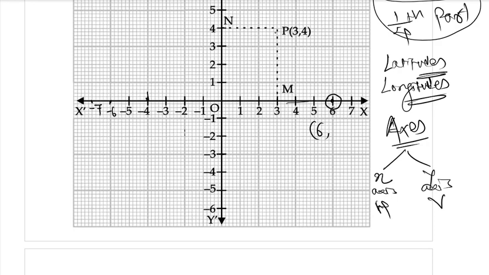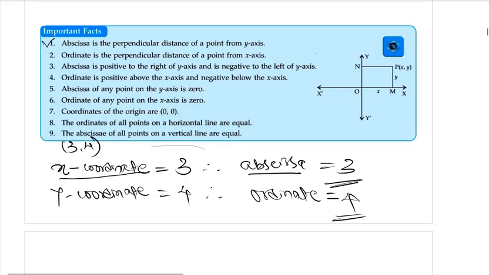How far is this point from the x-axis? It is on the x-axis, so its y coordinate will be 0. So any point lying on the x-axis has its y coordinate as 0. So the ordinate will be 0. That is the sixth point: the ordinate of any point on the x-axis is 0.